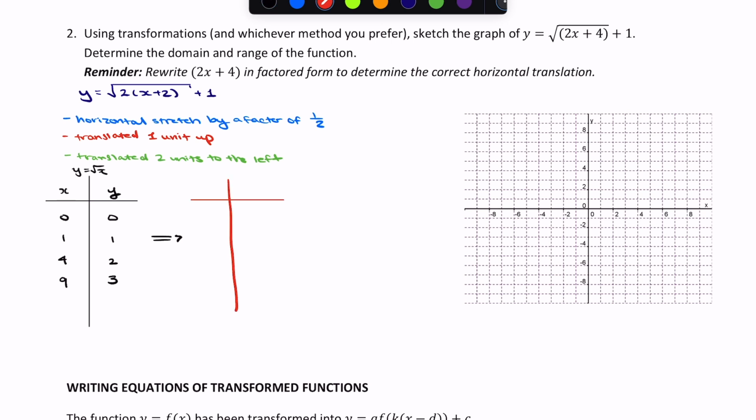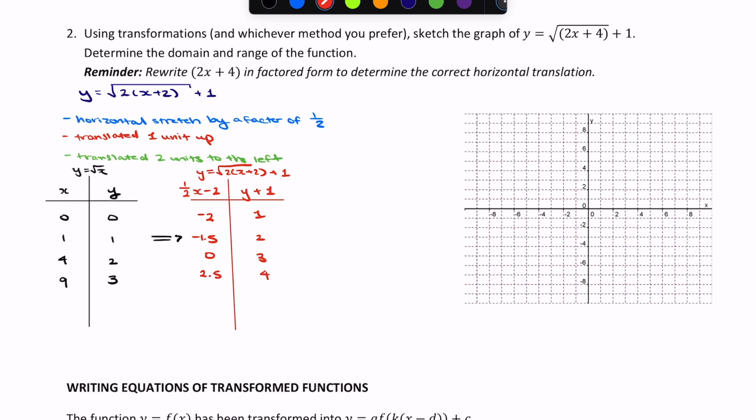And then here for our transform function, which is y is equal to square root 2x plus 2 plus 1, for our x values, it would be 1/2 x minus 2. And then for our y values would be y plus 1. And so here we get values of -2, -1.5, 0, and 2.5. And for our y values, we get 1, 2, 3, and 4.